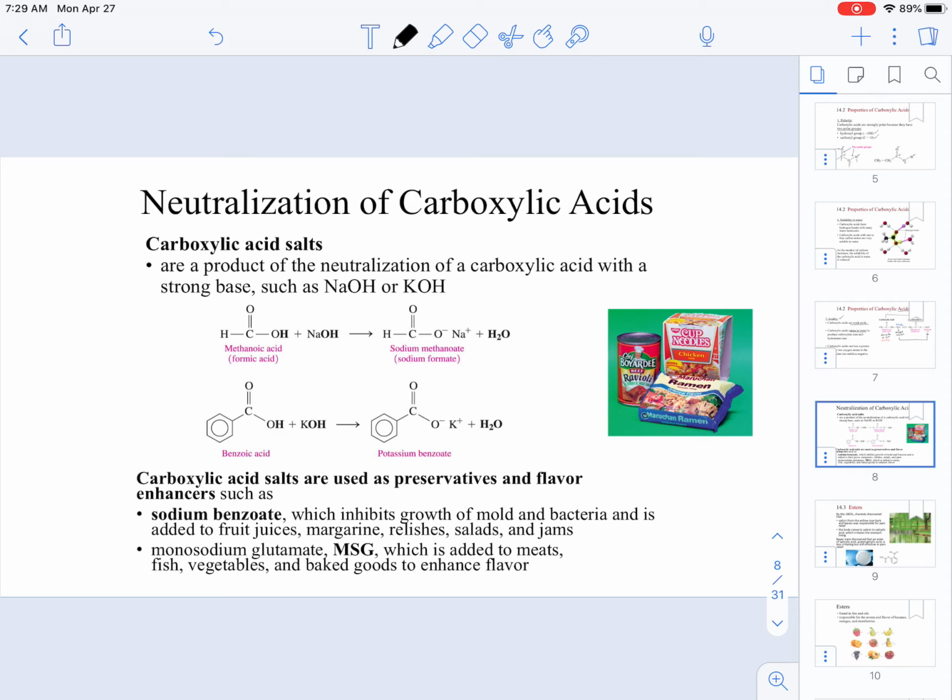Now, because carboxylic acids are acids, they can undergo neutralization reactions. And neutralization reactions was a topic that we discussed in Chapter 10.